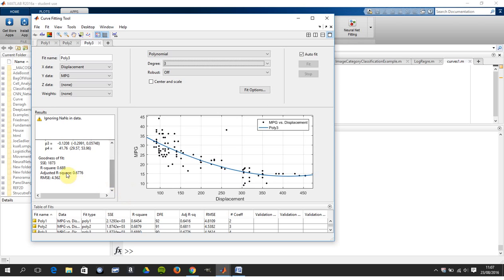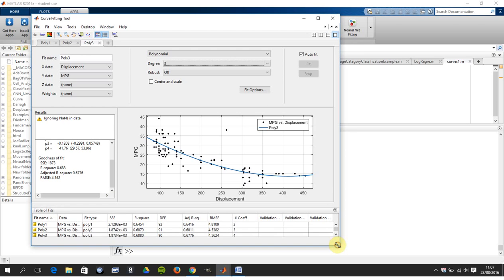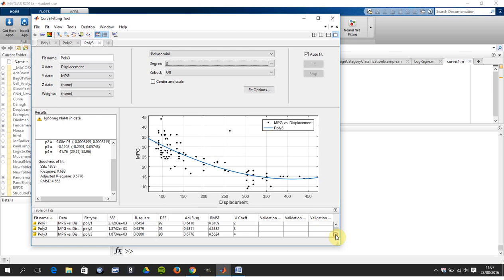It gives the R squared and the adjusted R squared. And of the three of them here, you would take the one with the highest adjusted R squared, that's the polynomial of degree 2, that's 68.11.